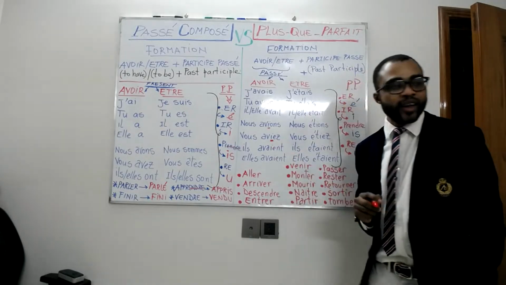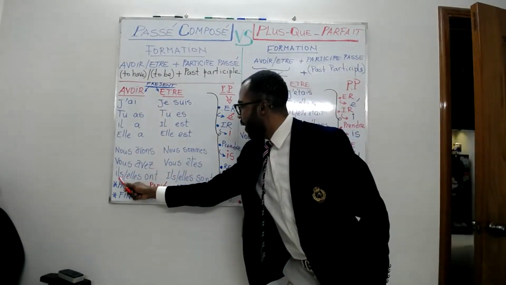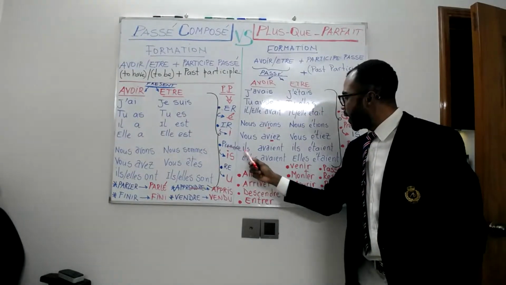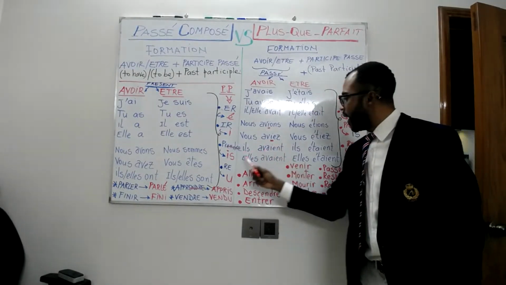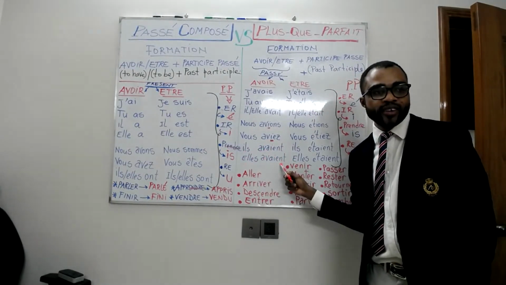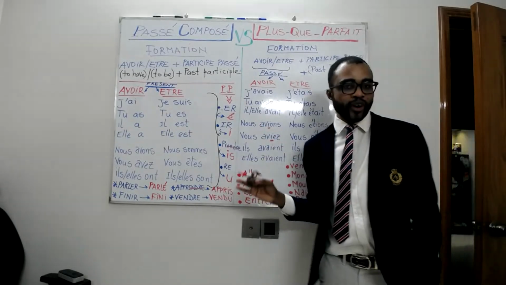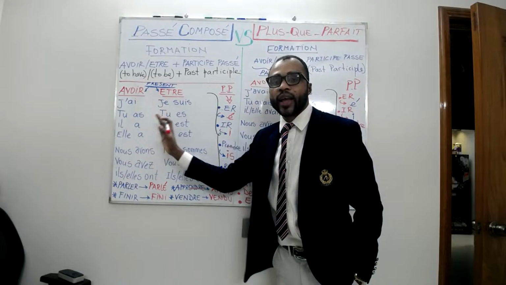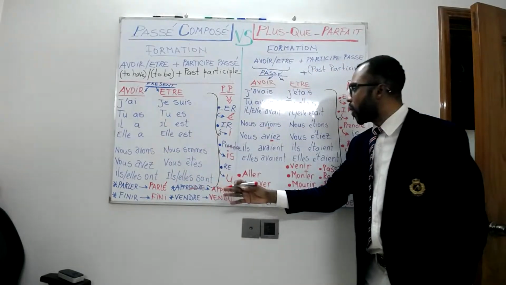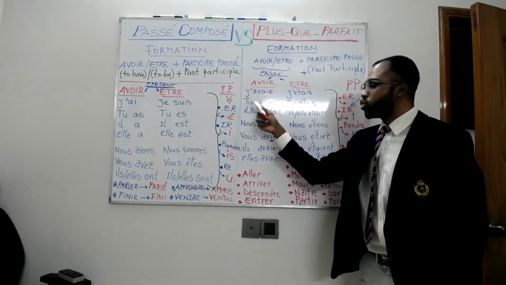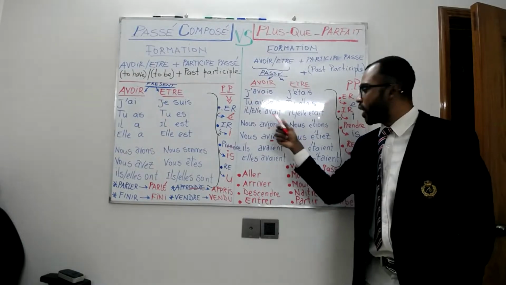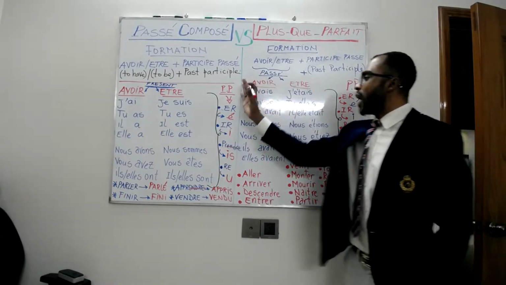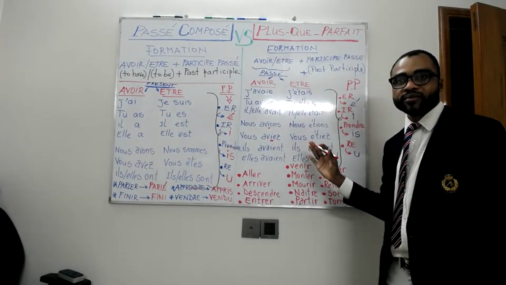C'est bon? Ils, elles ont, in the past, will be ils avaient, elles avaient. So this is the difference. We use the past tense of j'ai, tu as, il a, elle a, nous avons, vous avez, ils ont, elles ont. Et j'avais, tu avais, il ou elle avait, nous avions, vous aviez, ils ou elles avaient. So that is the difference.